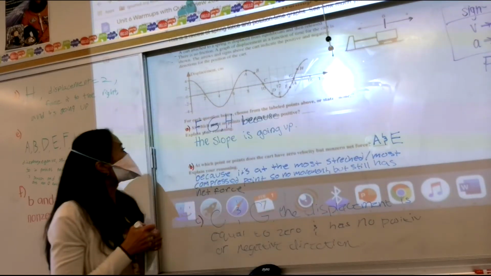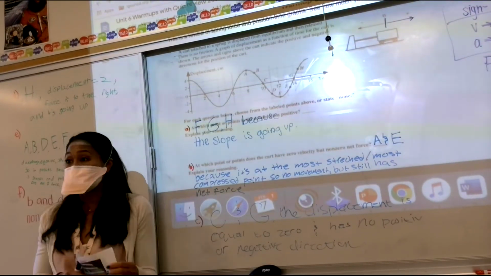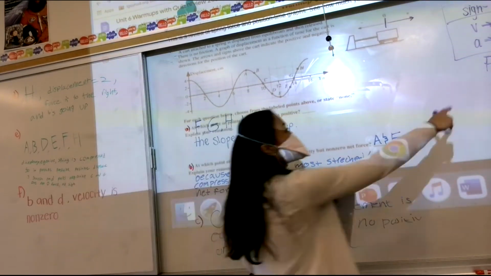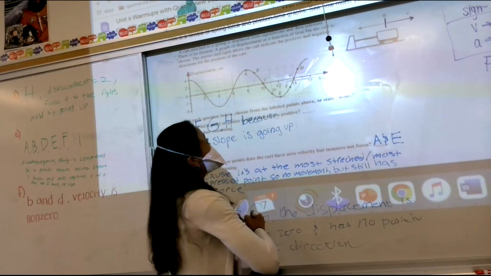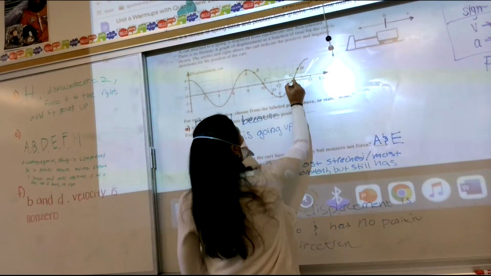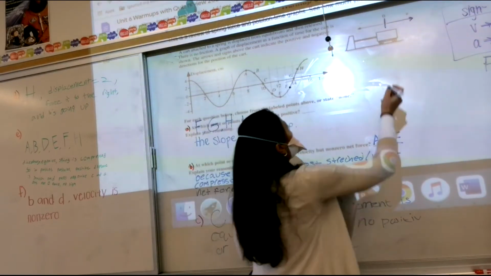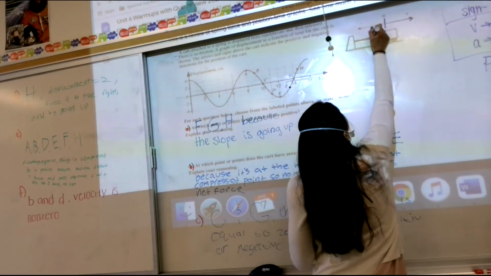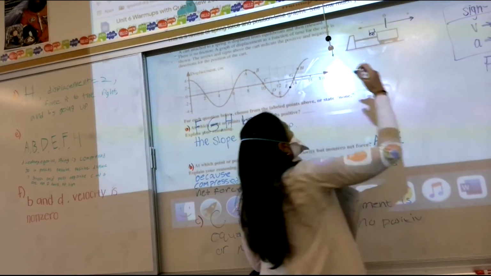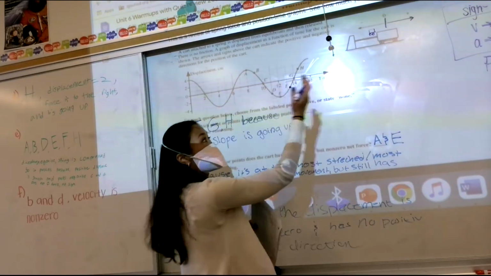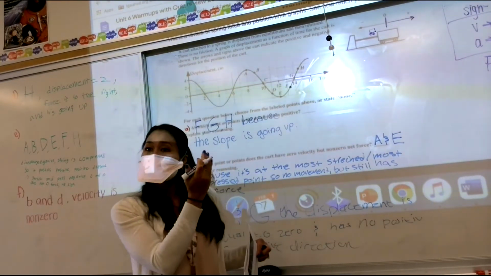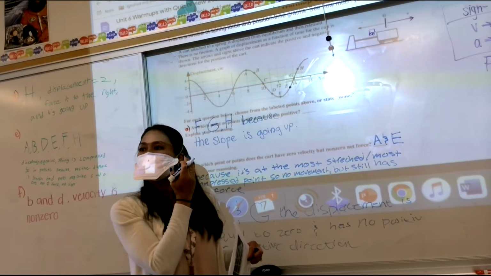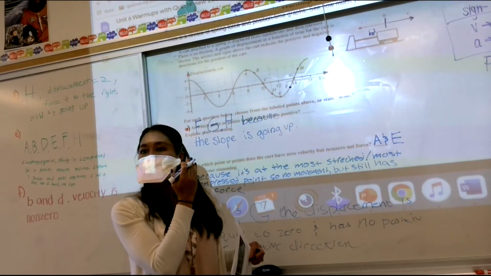So when we're talking about acceleration, we said that acceleration is proportional to force. So at F, this is a position right here where it's right below the equilibrium line, or to the left of the equilibrium line. The spring is compressed. So what direction is that force going to be?